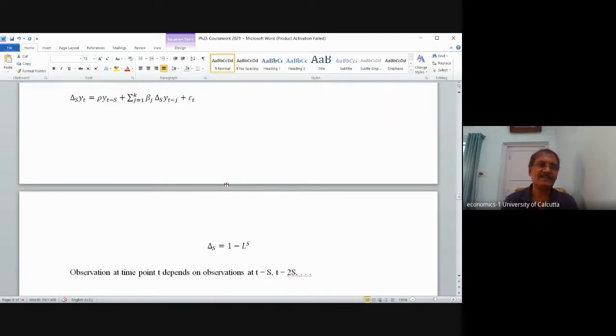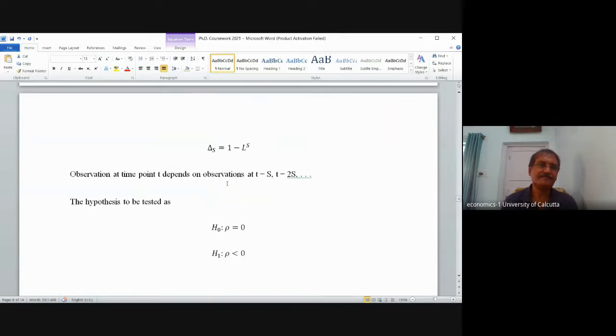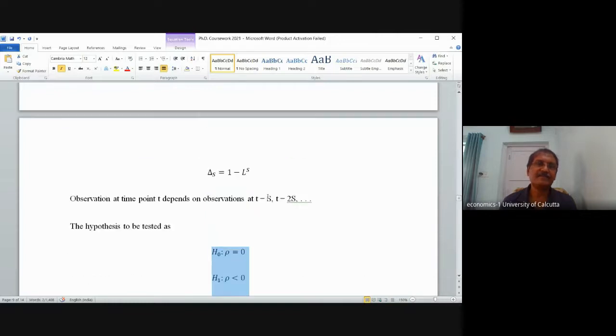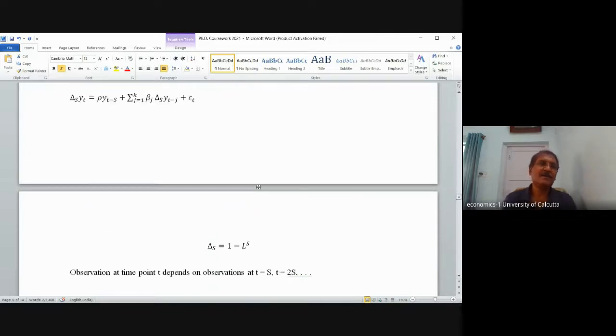So after estimating this model, you have to test this hypothesis. Under null hypothesis, rho equal to 0, alternative rho less than 0. So if rho equal to 0 is not rejected, how many unit roots are present in the series? Look at this one. Put S is equal to 4 for quarterly data.